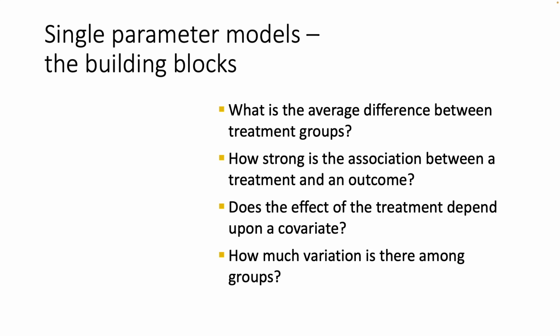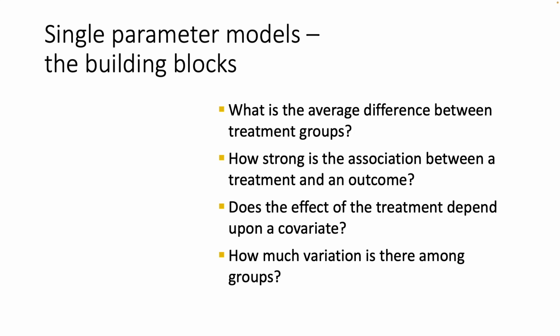Applications include: what is the average difference between two groups, how strong is the association between two variables, like a correlation coefficient, does the effect rely on a certain variable or not, modeling variation between groups, or probability of an event, or multiple different aspects that are happening.